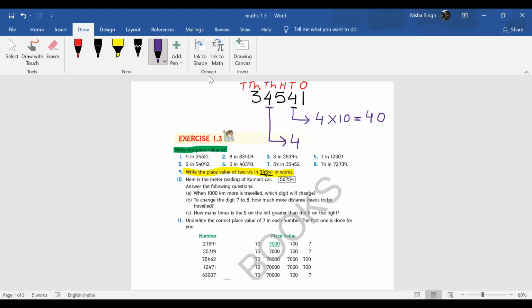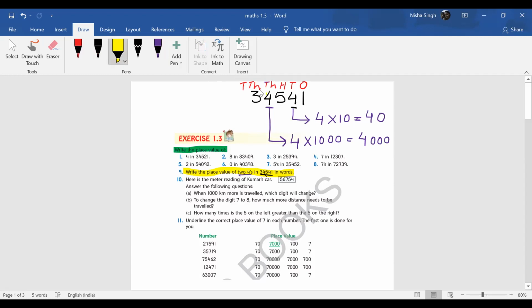We have 4,000. So we will write it as 4,000. So the place value of two fours, it means we have two 4s in this number.